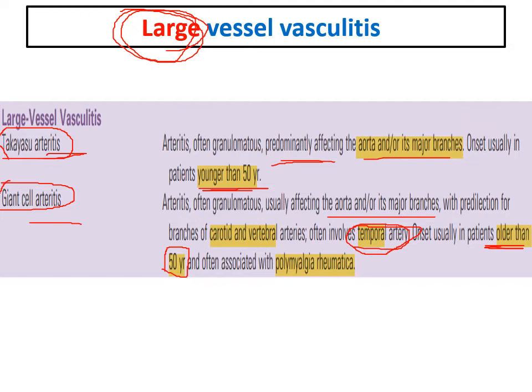While in giant cell arteritis, the main clinical manifestation is headache due to temporal artery affection. They might also manifest with temporal artery tenderness and decreased pulsations in half of patients. They can also manifest with blindness, deafness, and jaw claudication in some cases.